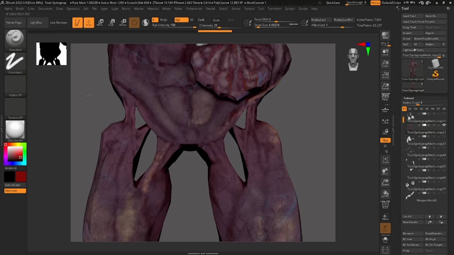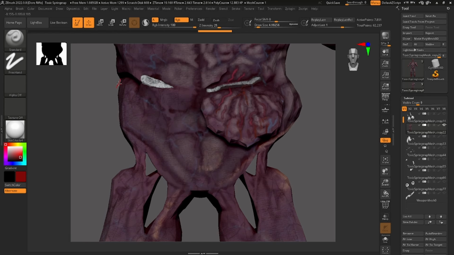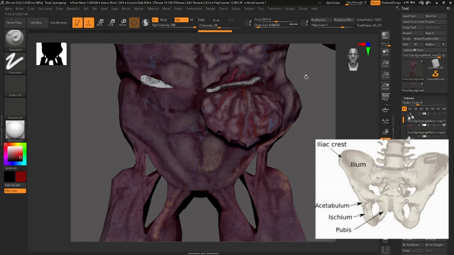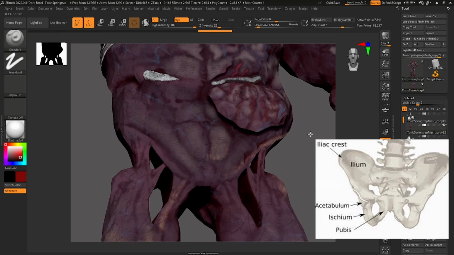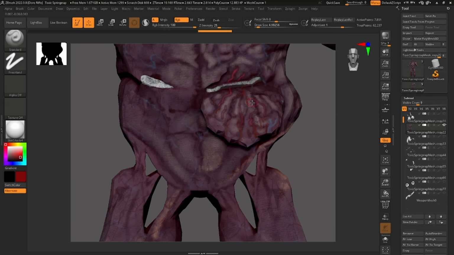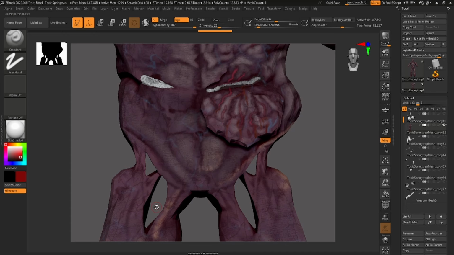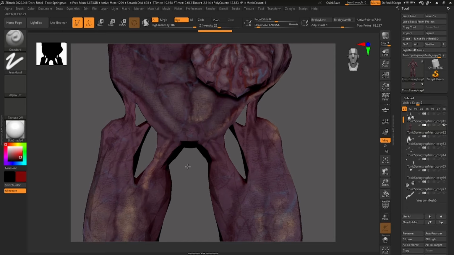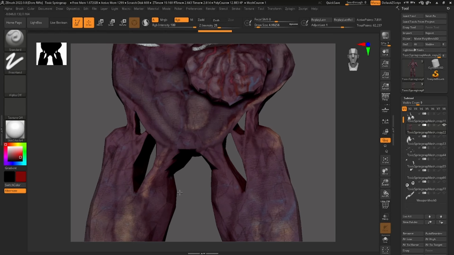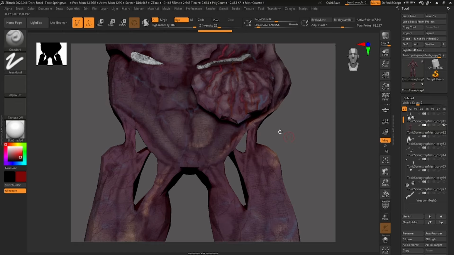So this would be the crest of the hip. This would be the crest of the hip. Where are his leg bones at? Do they just melt off? Or are they just being held in place by strips of flesh? Let's see, crest.